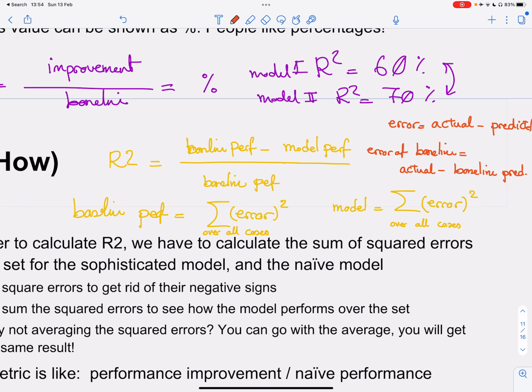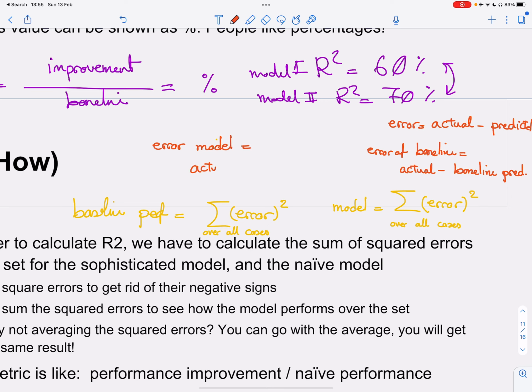And let me clean this one up. And for the error of the model, it would be the actual minus model prediction.